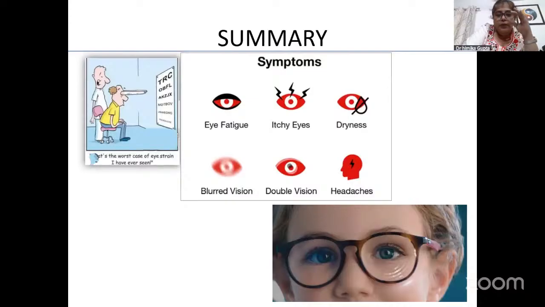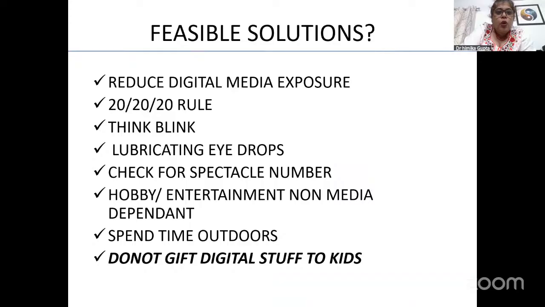as well as overall personality. To summarize, we went through points related to digital eye strain, or what is called computer vision syndrome, and uncorrected refractive errors, dry eye, and eye fatigue and headaches form an important part of this. We need to reduce digital media exposure as much as possible, especially the avoidable one.